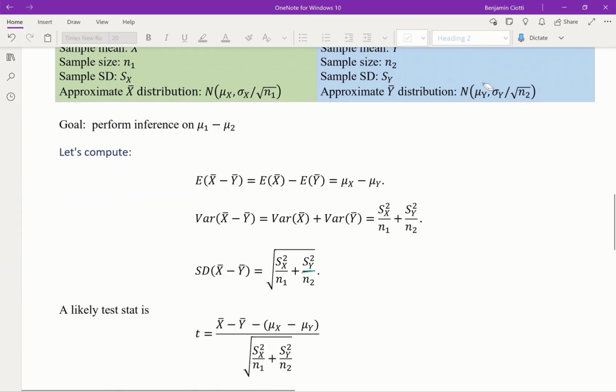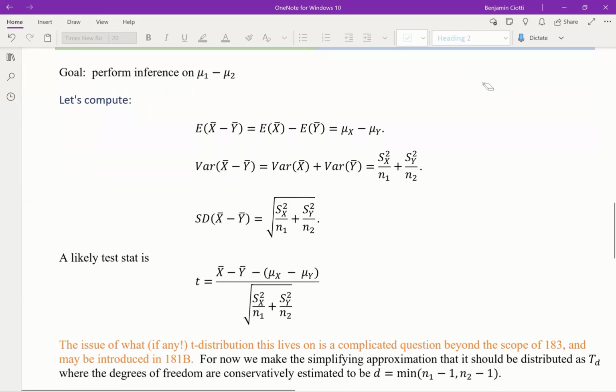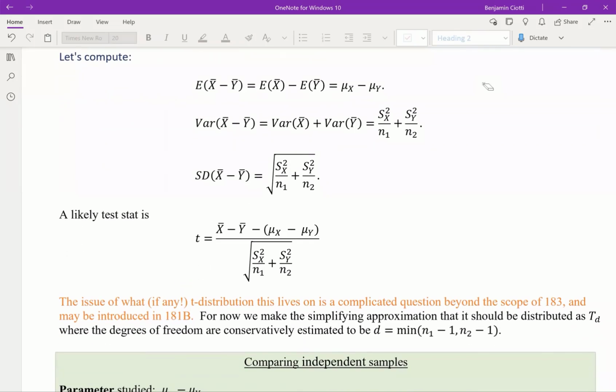So a likely test statistic would be to standardize by subtracting off the hypothesized value, or perhaps I should say, subtract off the true value, and divide by the standard deviation. So this is the likely form of our test statistic. Now, I can't fully justify what distribution this lives on.